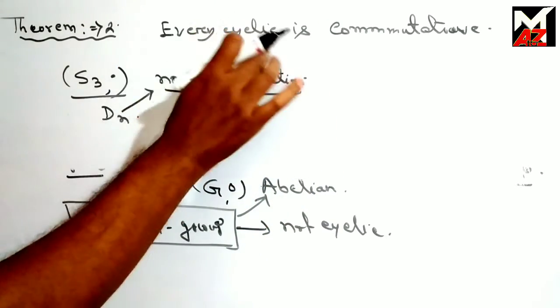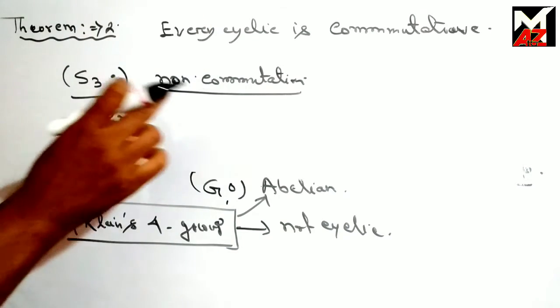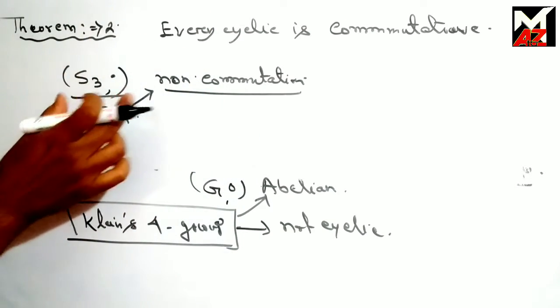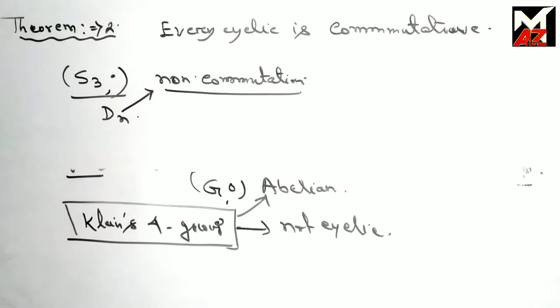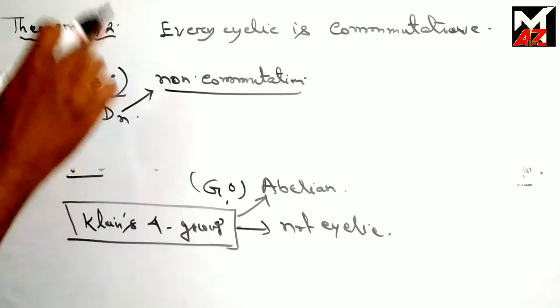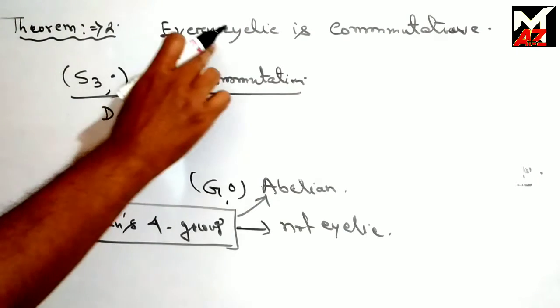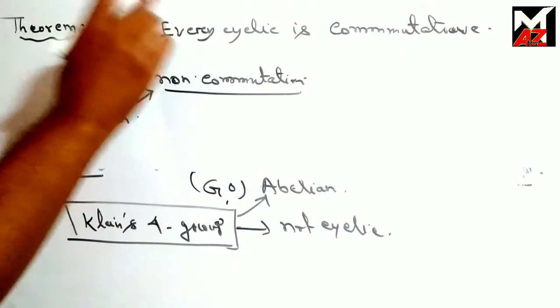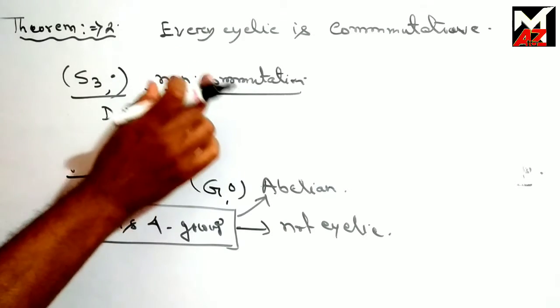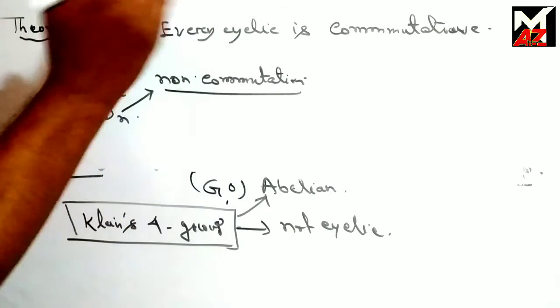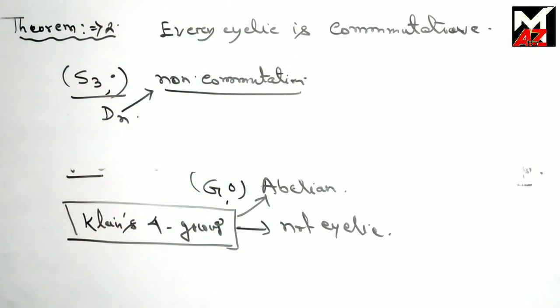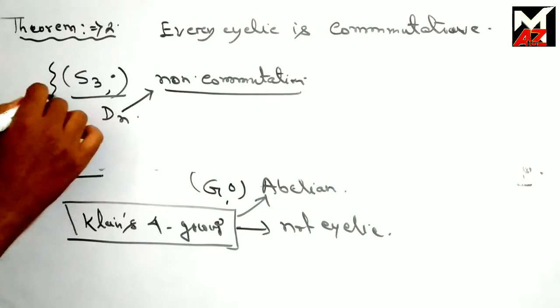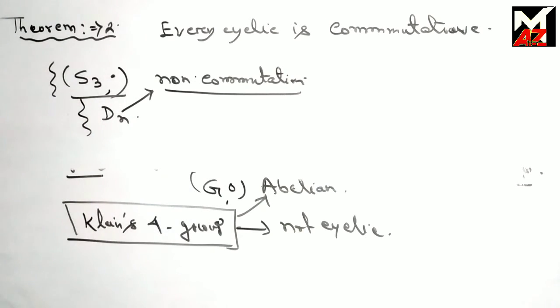And from this theorem we say that since these groups are non-commutative, they must not be cyclic, because if they were cyclic then they would be commutative, but commutative does not imply cyclic. But here these groups are not commutative, so they cannot be cyclic groups. So we say that this group and this group are not cyclic.